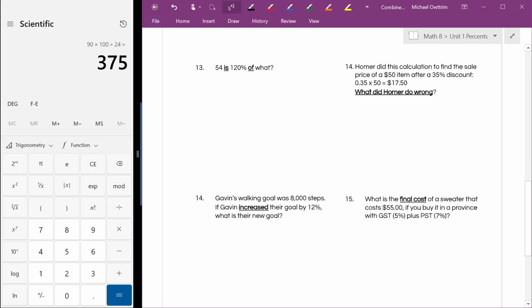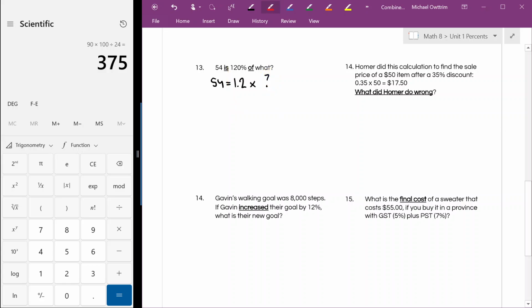On the back side, just one more of our basic questions. So again, no talk of increase, decrease, or change here. So we'll just translate it. 54 is just 54, is means equals, 120% is 1.2 as a decimal, of means multiply, and my unknown is over here. So I'll finish up by solving for my question mark, and I need to undo the times 1.2 that is with it on the right side of the equal sign.